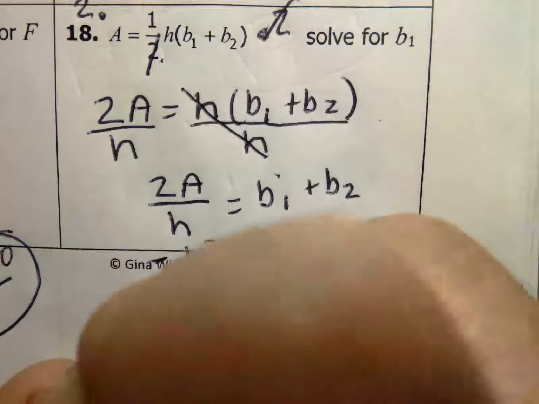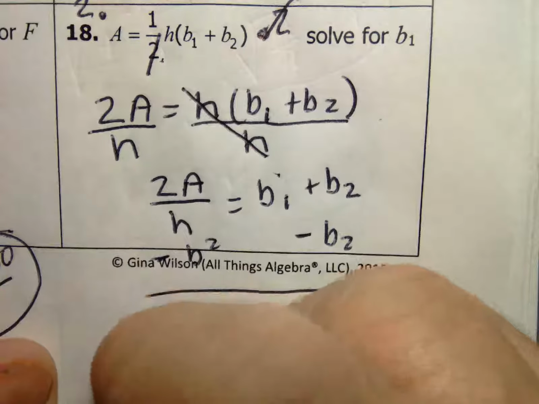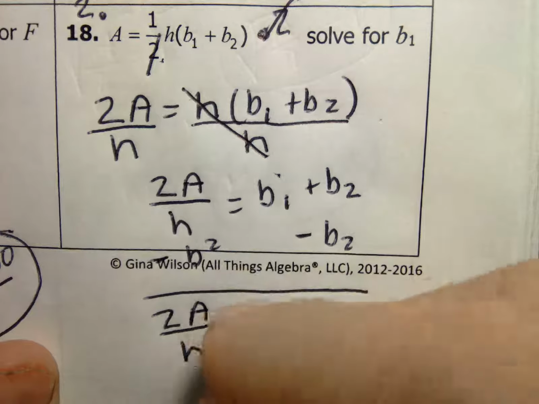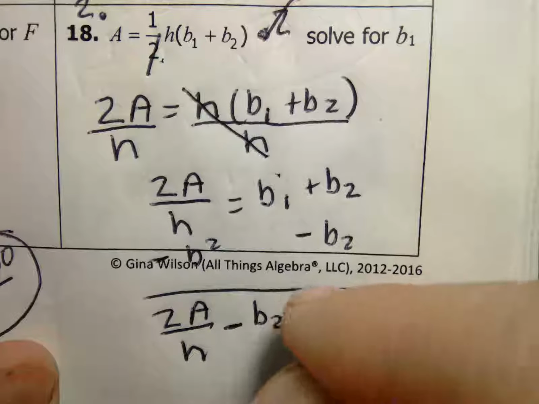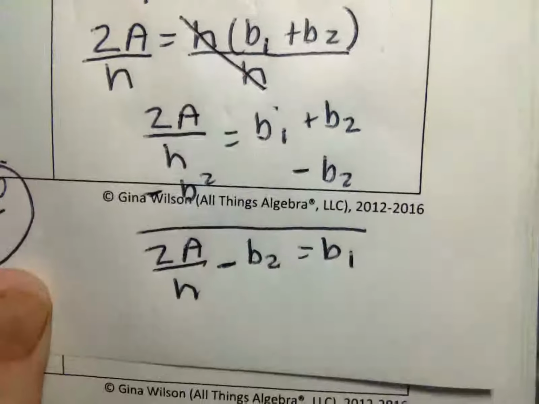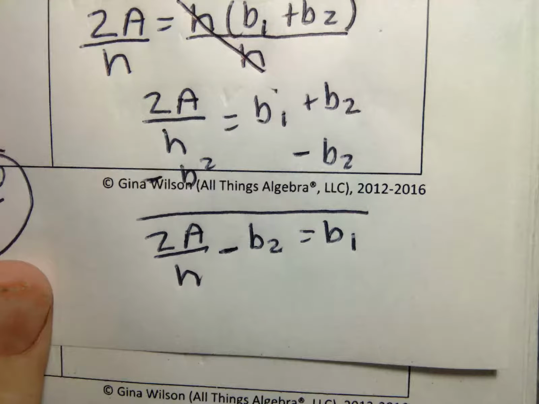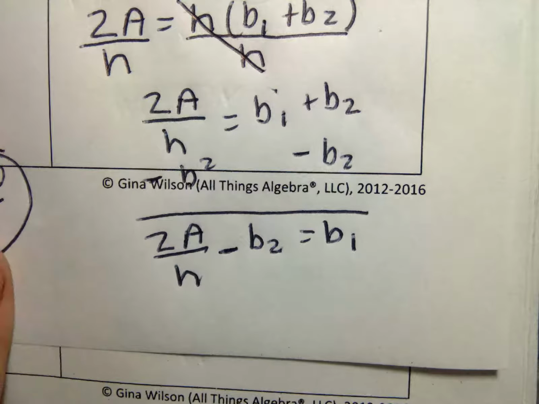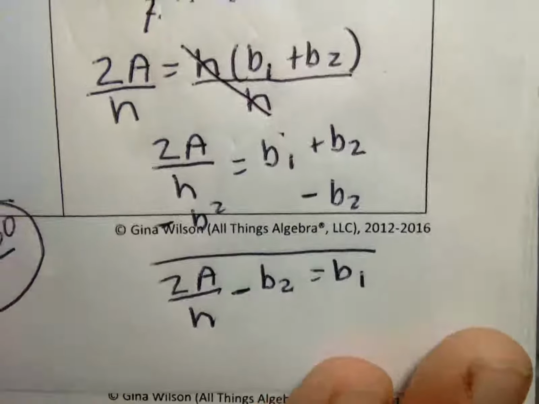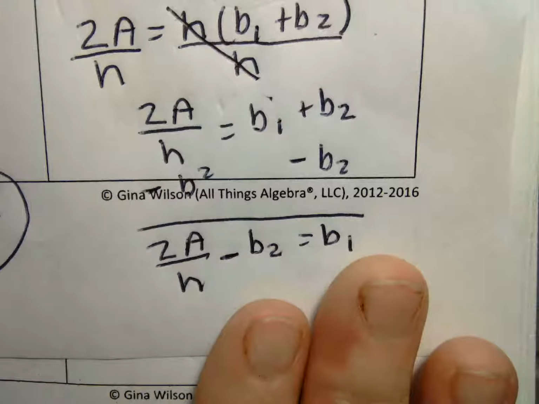Yeah. So what we have here is 2a over h minus b2 is equal to b1. Easy peasy. Did you get that? Here, hold on.